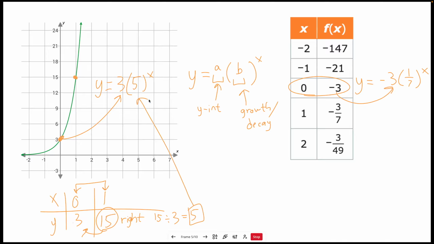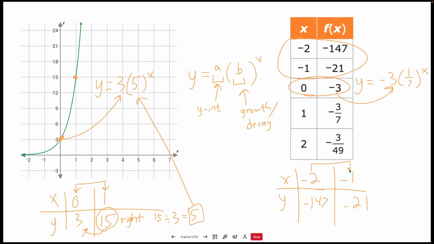For the table on the right, okay, you can use any of the numbers. Let's use the first two numbers. And again, I would always recommend setting it up in a table like this. And we go in order, right? -2 is -147, and -1 is -21.